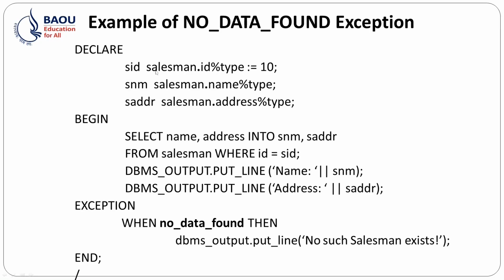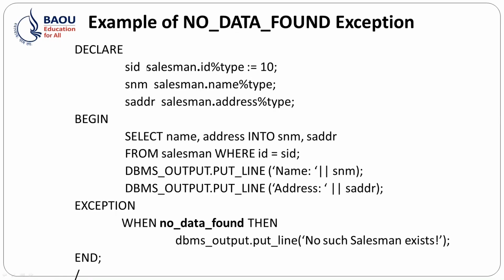So, the SID data type is the same as the ID column data type. SName is the same as in the salesman table. In the salesman table, the name column has a data type and size which is assigned to this variable. So, same as this, the address variable has the same data type as the address column.